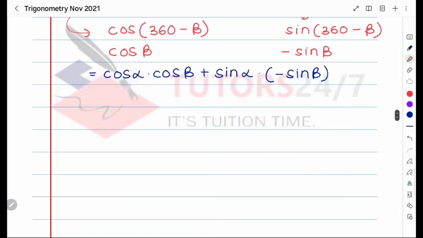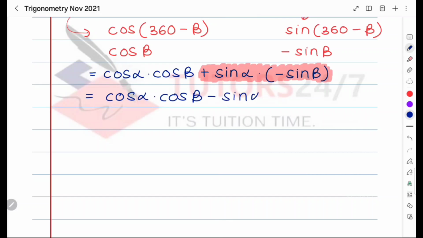From here, we can multiply the positive sine alpha and the negative sine beta. Positive and negative gives us a negative. So that is going to be minus sine of alpha sine of beta.